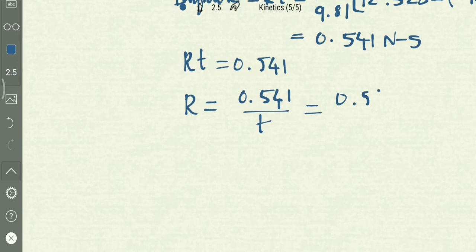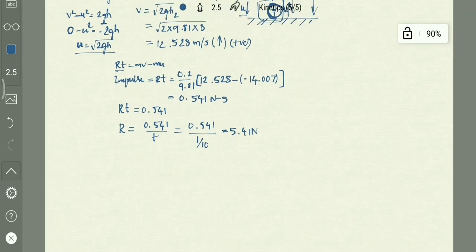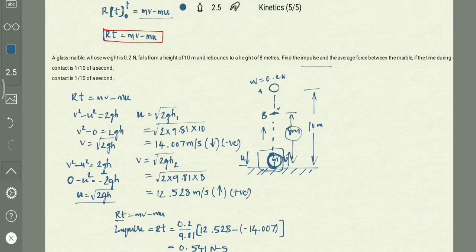So the contact between the marble and the floor is 1/10th of a second. The force is 5.41 newtons. This is how we need to solve kinetic problems with the help of the impulse momentum equation.